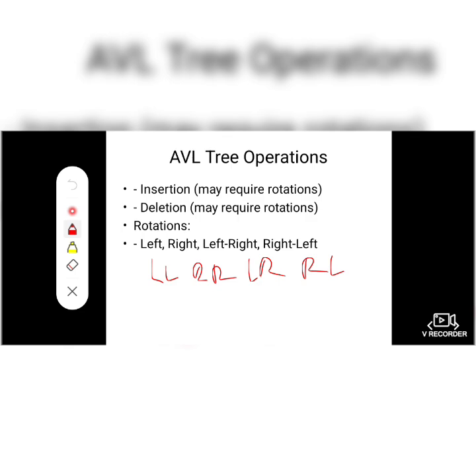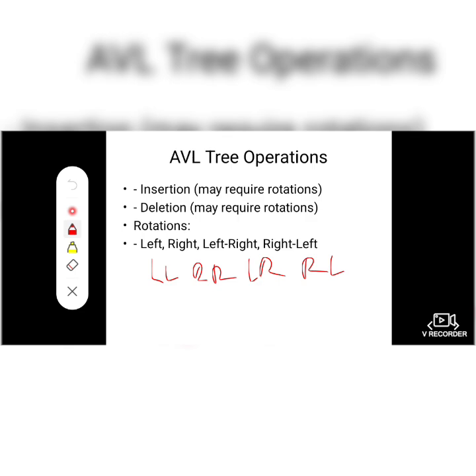So when do we do these rotations? If we perform an insertion operation, the insertion is done like in a normal BST, because it is also a binary search tree. After insertion we have to update the height and check the balance factor.